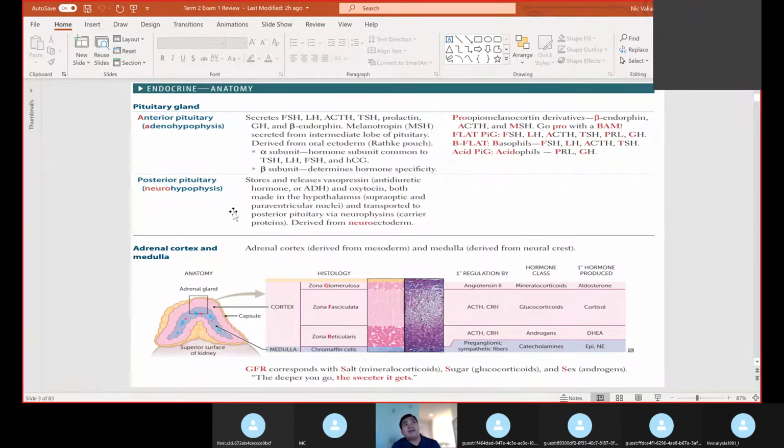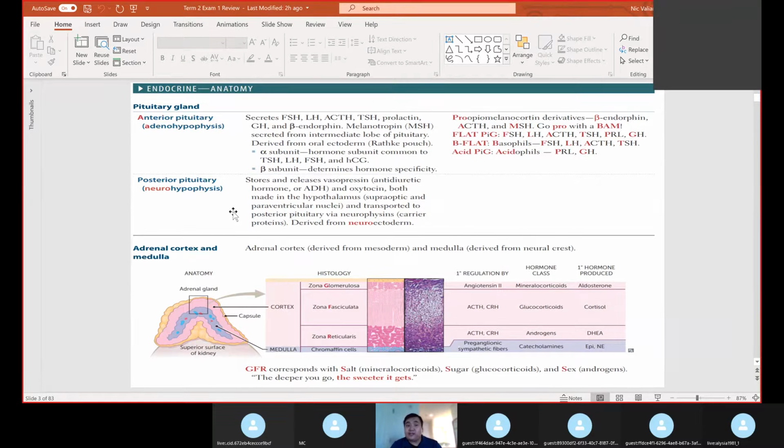So my mnemonic is VSOP. Vasopressin is supraoptic, and oxytocin is paraventricular. If you love cognac, you know VSOP. It is derived from neuroectoderm, and don't forget, high yield, they are transported to the posterior pituitary via neurophysins. These are your carrier proteins.